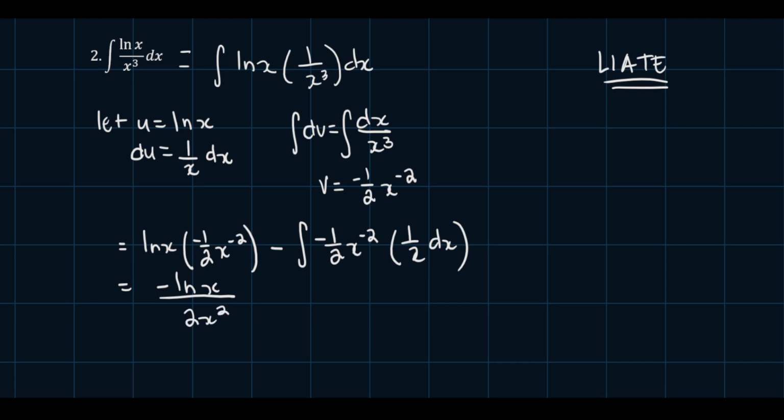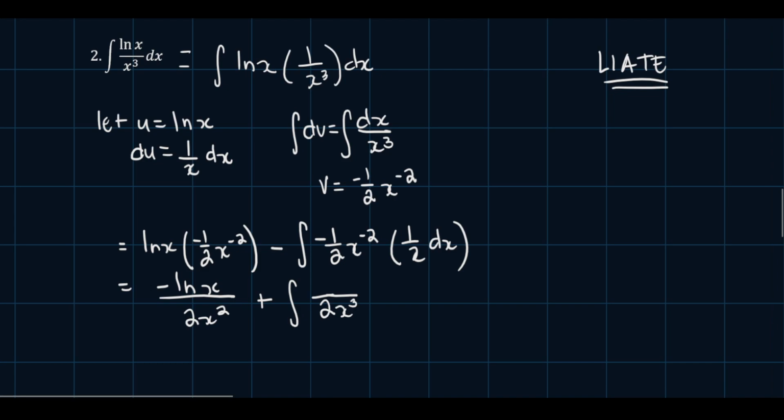Then we have minus minus, so plus integral ng 1/2 x raised to negative 2. Pwede natin isipin na 1 over 2x squared. And then may x rin tayo sa baba. So 1 over 2x cubed times dx. So sulat ko na ng mas maganda.